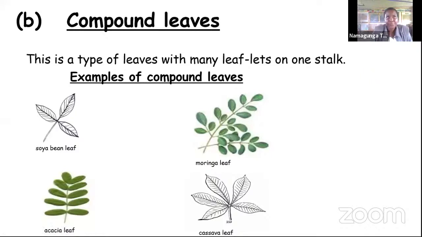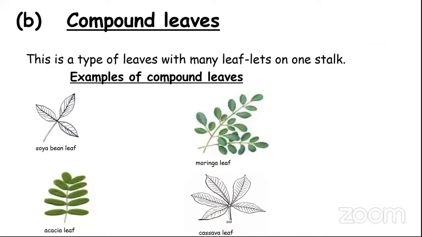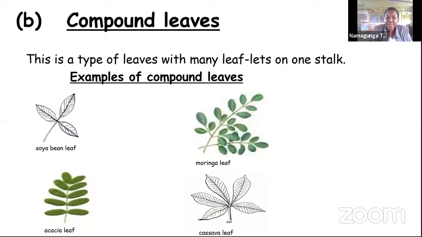Prosper, can you give me one example after looking at the difference between the two types of leaves? Give me one example of a compound leaf, apart from what we have on the screen. Prosper, any other example you know, apart from what we have on the screen?